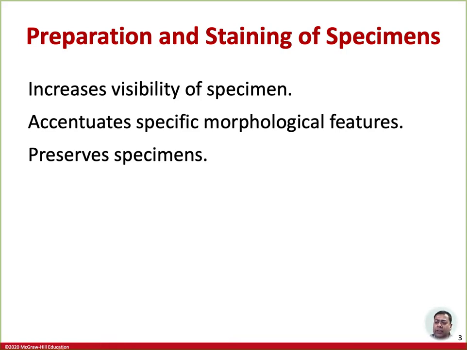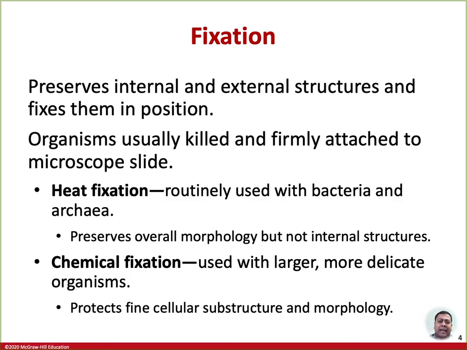So essentially what the fixation process is: the stained cells seen in a microscope should resemble the living cell as closely as possible. So that's the reason fixation is the process by which the internal and the external structures of the specimens are preserved in position.